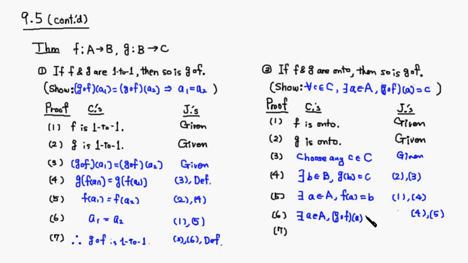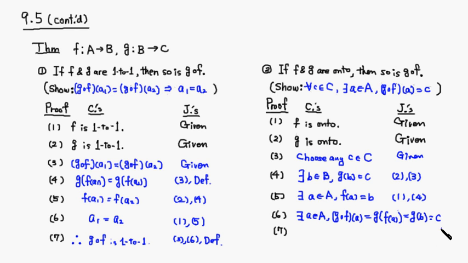this is the same thing as g of f of a. But from line 5, f of a is the same thing as b, so we get g of b. But from line 4, g of b is c.